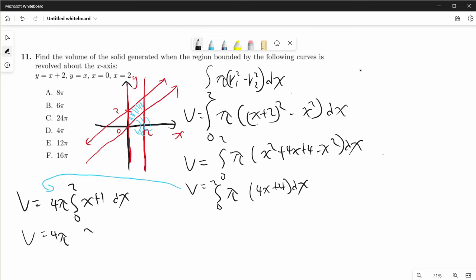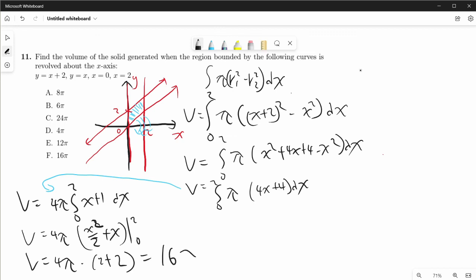Integrate to 2 plus x, that over 0 to 2. 2 pi times, that would be 4 over 2, so 2 plus 2 minus 0 minus 0. Total, we get 16 pi.